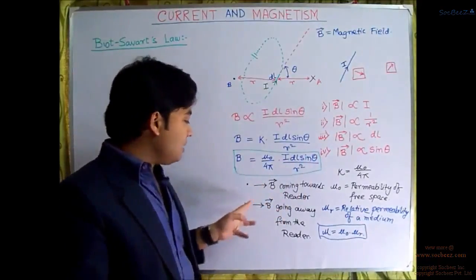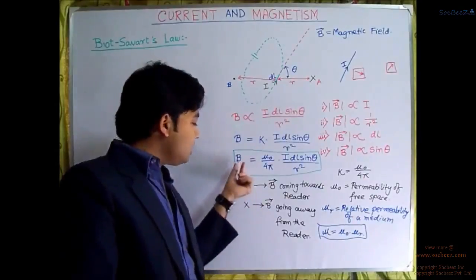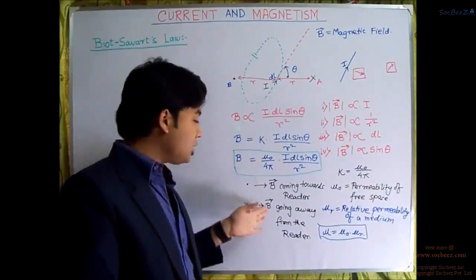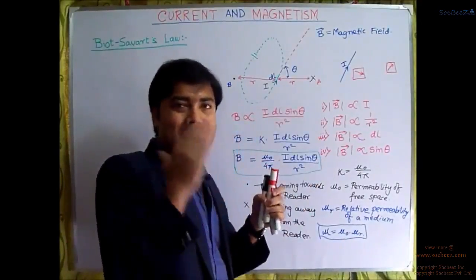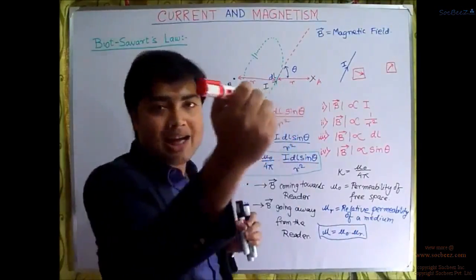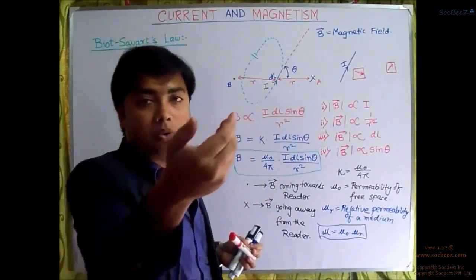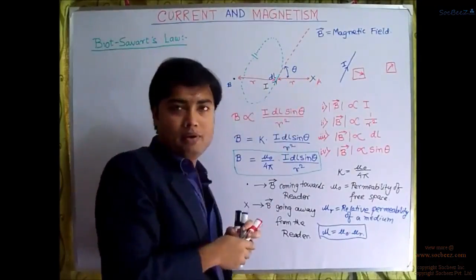And since this direction is crossed, we can say that over here the direction of this B is going away from the reader, because when you are reading, you are over here, and if the magnetic line of force comes like this, it means it is coming towards you, but if it is going away, it means that it is penetrating the paper, right?